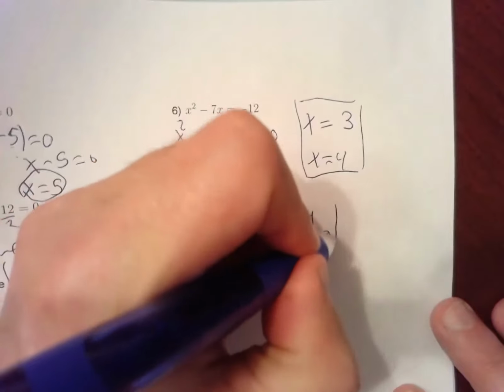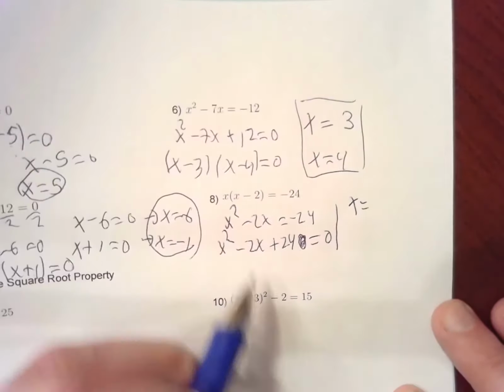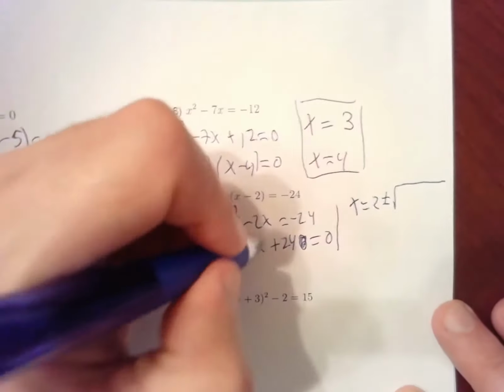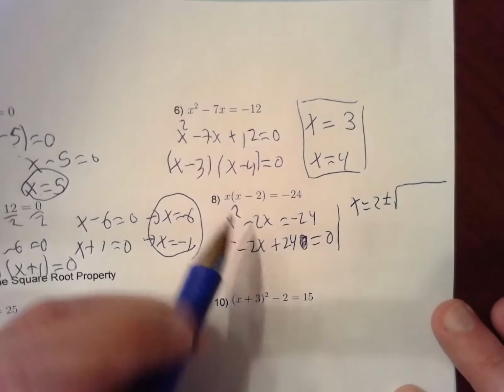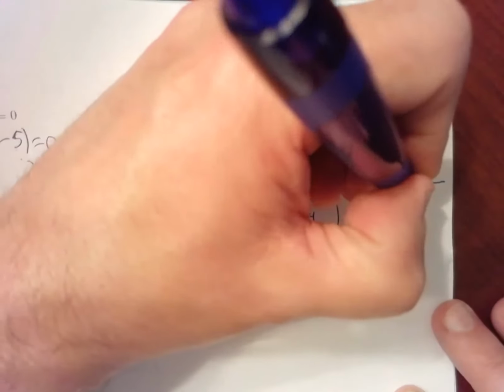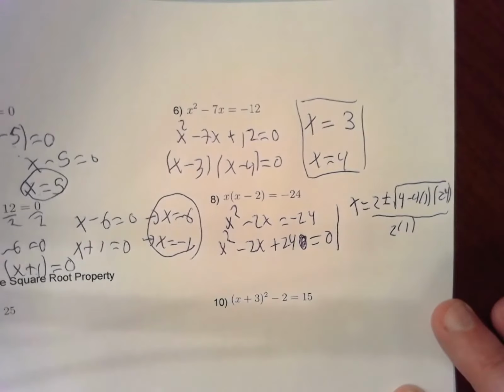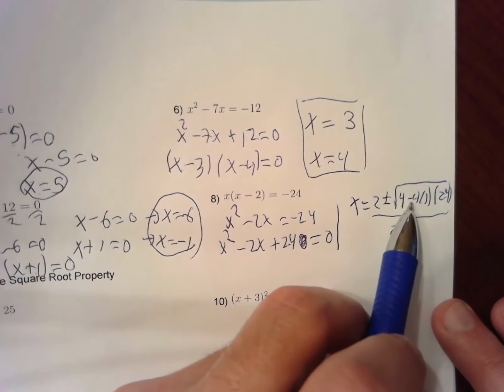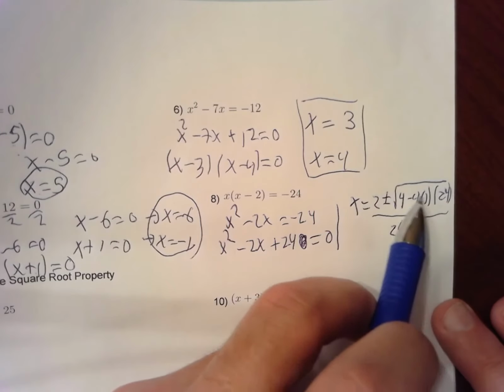Okay, so we get x is the opposite of b, plus or minus the square root of b squared. b is negative 2, so squared will be 4, minus 4 times a times c, all over twice a. Okay, so what do we have inside here? We have 4 minus 4 times 1 times 24.